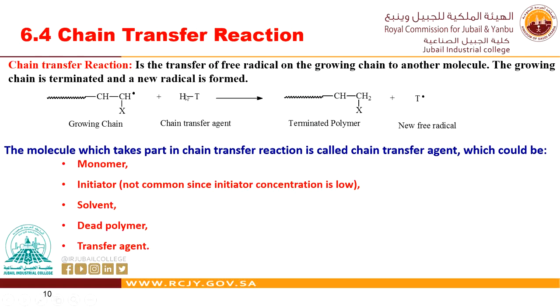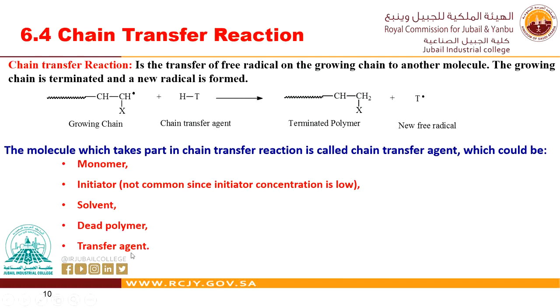So this transfer agent could be a monomer, or it could be initiator, but this is not very common because the amount of initiator is very small, or it could be a solvent if you are talking about solution polymerization, or it could be a dead polymer, a polymer that has already terminated, inactive polymer, or a transfer agent.